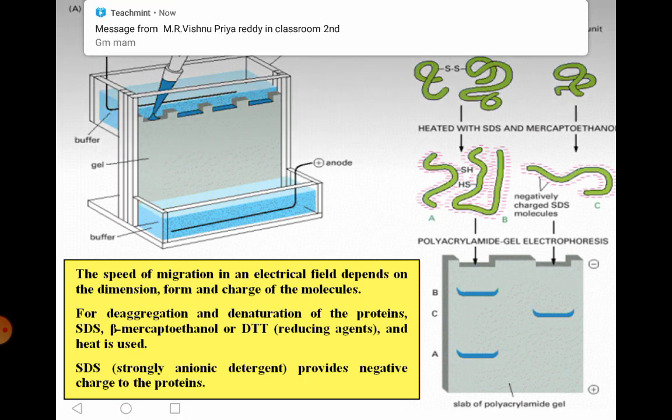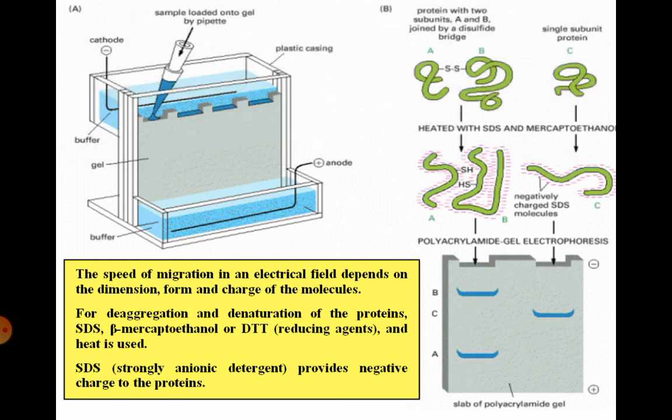Let us consider a protein with two subunits A and B joined by a disulfide linkage, and here a single subunit protein.